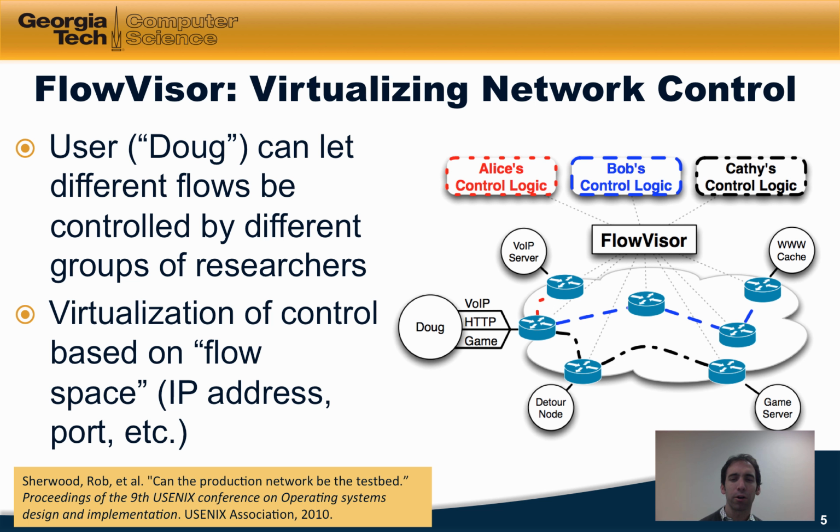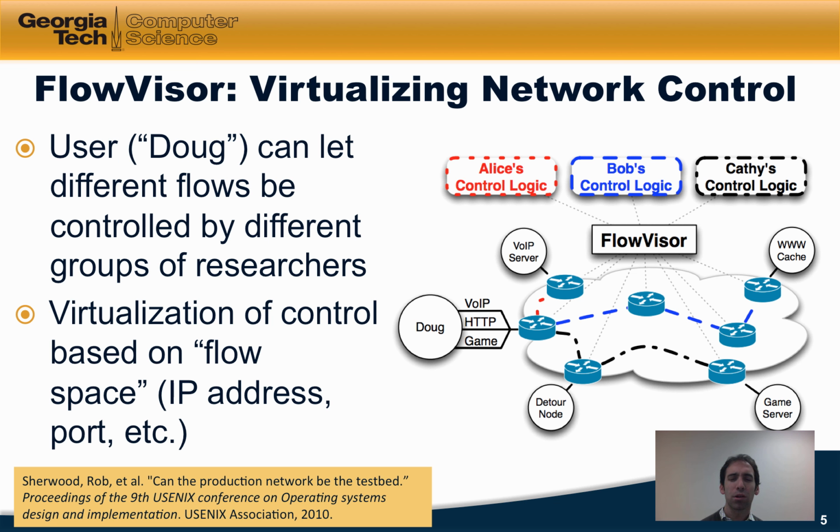So the idea here is that a user, Doug, for example, might have many different types of network traffic, many different applications, such as voice over IP, web, gaming, and so forth. And that user might be willing to let researchers run experimental protocols or architectures on some subset of the traffic, particularly if the traffic is not as critical.